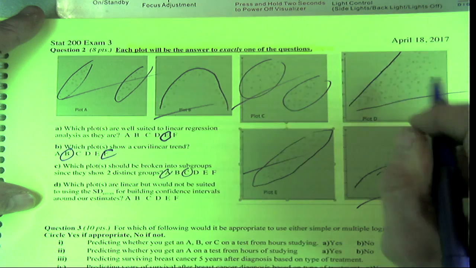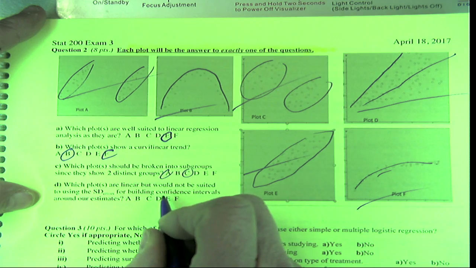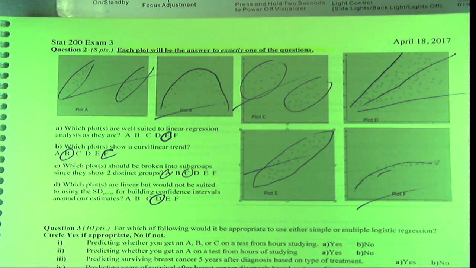We're not using this one either, so it has to be this. Which plots are linear but would not be suited to using the standard deviation errors for building confidence intervals? Well, this wouldn't at all, because the range of the errors is so much bigger here than here, the spread of the errors. So it's D. So that's our answers.